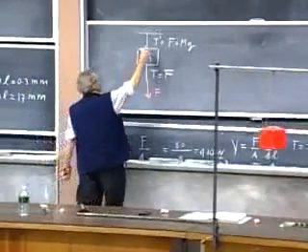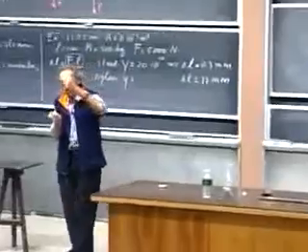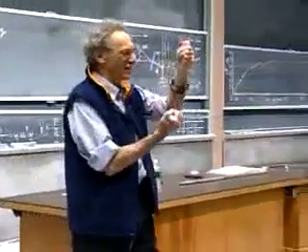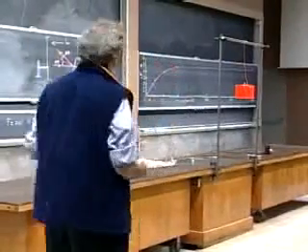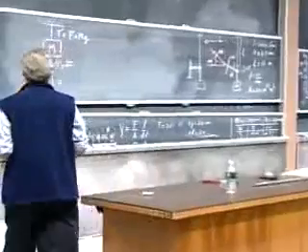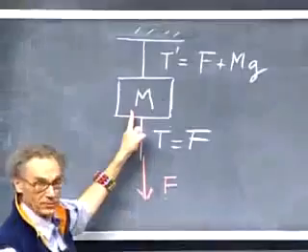Because what does it mean that this string is going to break? It means that string has to get longer by a certain amount delta L before it says, sorry, I gotta go, and it breaks. For this string to get longer by a certain amount delta L, this block has to come down.